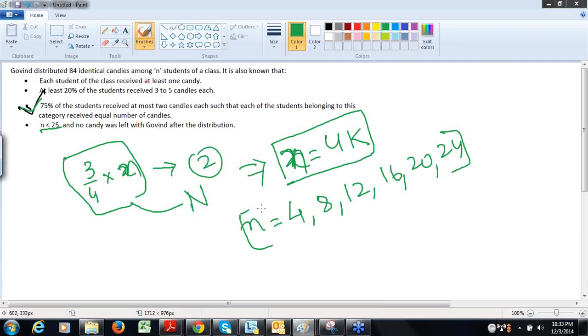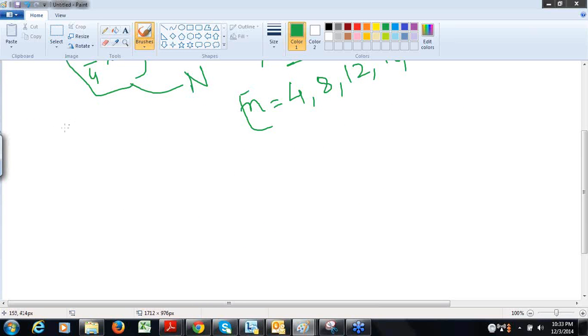Okay. Now there are three categories. 1, 2 and 3. First category is what? At most 2. Second category is what? 3 to 5. And third category is greater than 5. This is the three categories that we can make out of it.